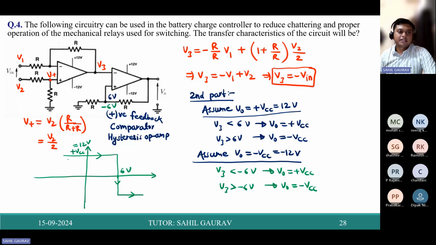Now for minus 6 volt, let us represent this as minus 6. If V3 is less than minus 6 volt, then V0 is plus VCC, so it will be this one.